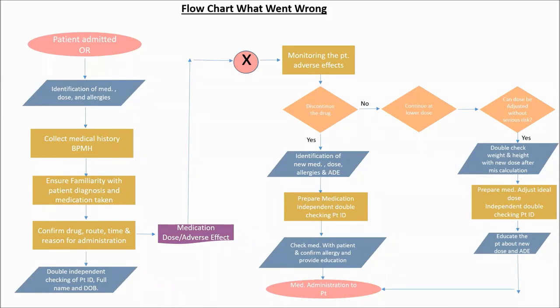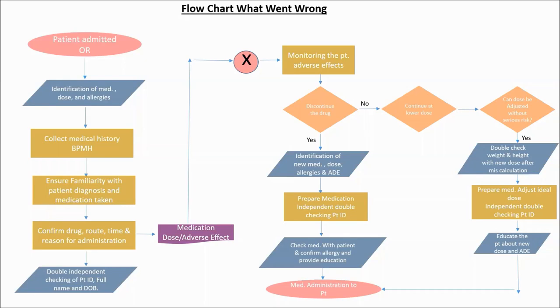The dose could be adjusted if there is no serious risk, and then they carry on, because they realize there was a mistake. They double check, and they look into the weight, the height, and the new dose. If there is any evidence of miscalculation, they have to readjust to a lower dose and prepare the medication again, adjust the ideal dose, and definitely an independent double check will be done.